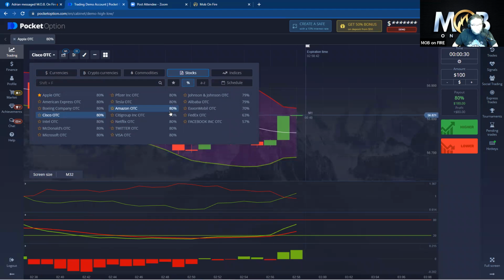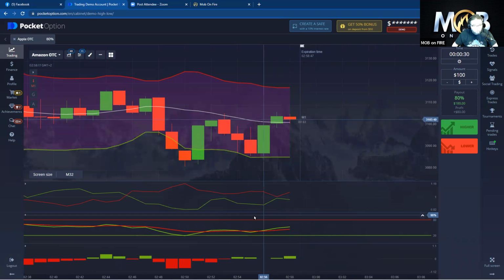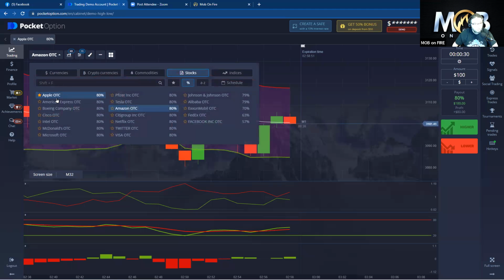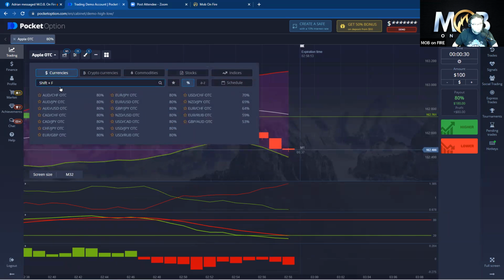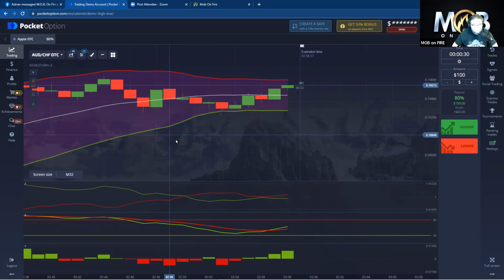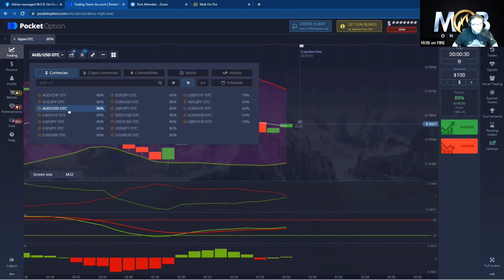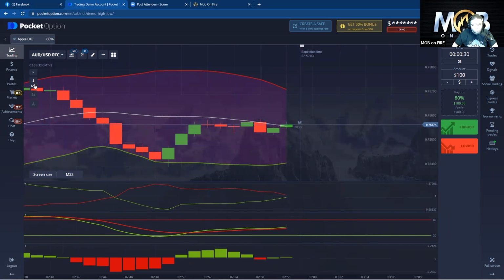On a weekend, it's kind of hard to determine what's going to be jumping because everything is so fake. Even when it comes to currencies during the weekend, it's nothing but fake. This is all a made up market.